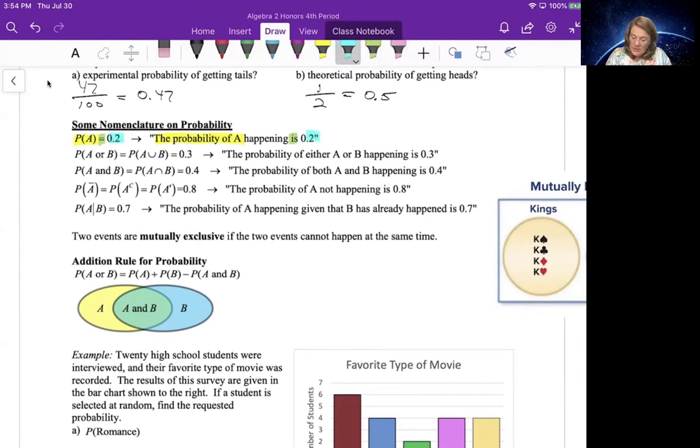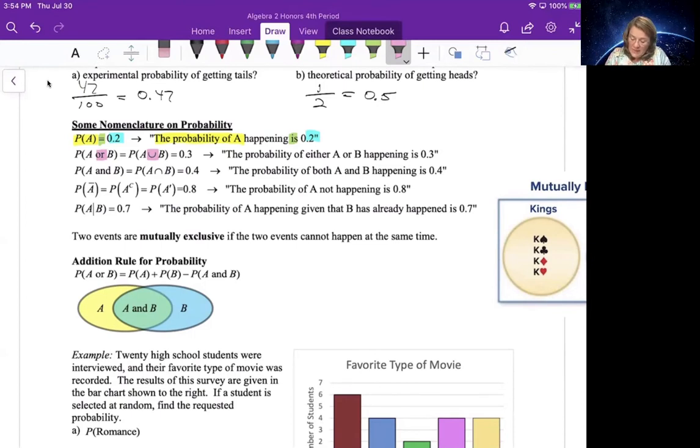How about P(A or B)? It is the probability of either A or B happening. So let's talk about this little "or." That means or, right? But what is this upside down U? It is a union. I'm going to have either A or B happening. I'm going to have a union of the 2.